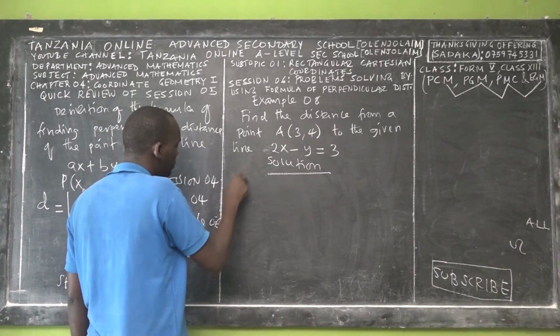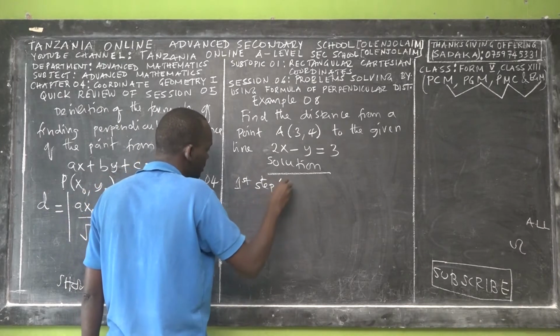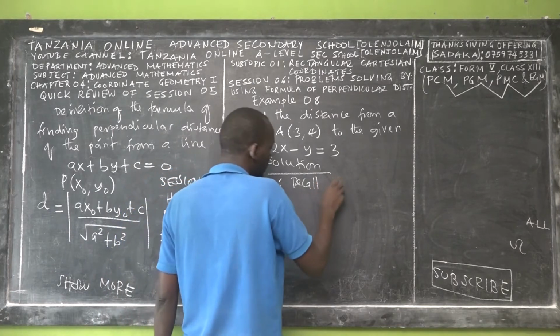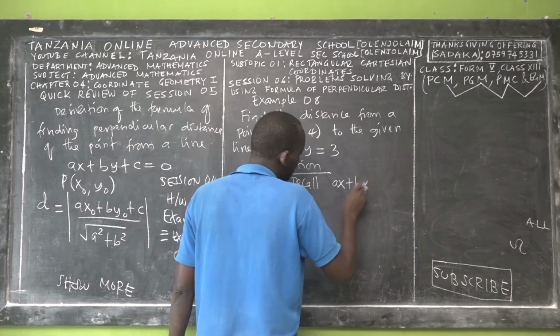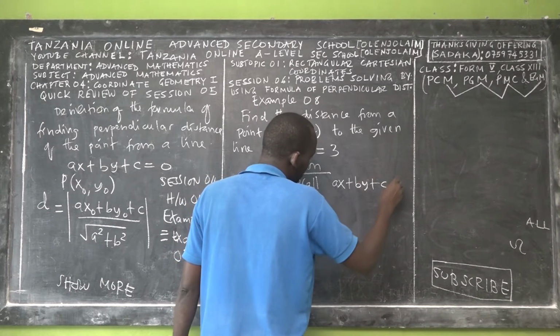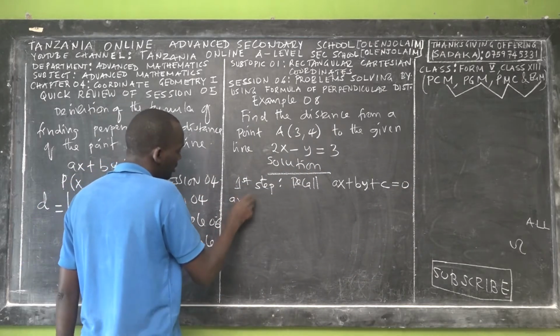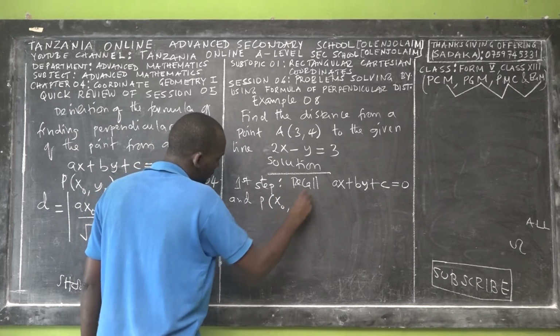The first step, we call the general equation ax plus by plus c equals 0, and another point P(x naught, y naught).